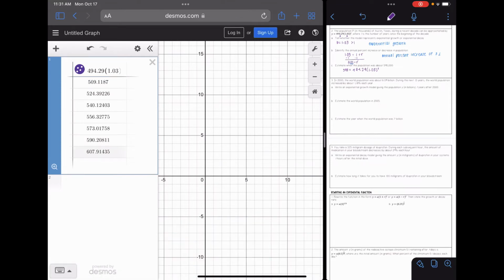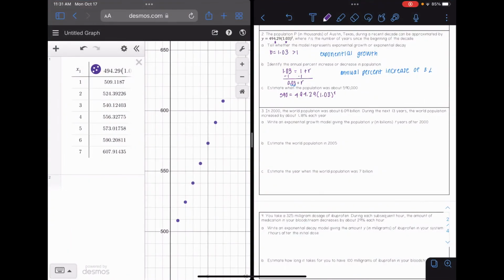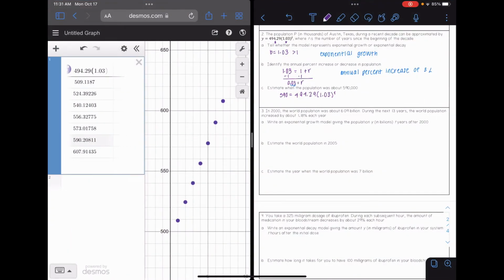And I'm looking to see when this is at about 590. And I see that that is going to be at year 6.